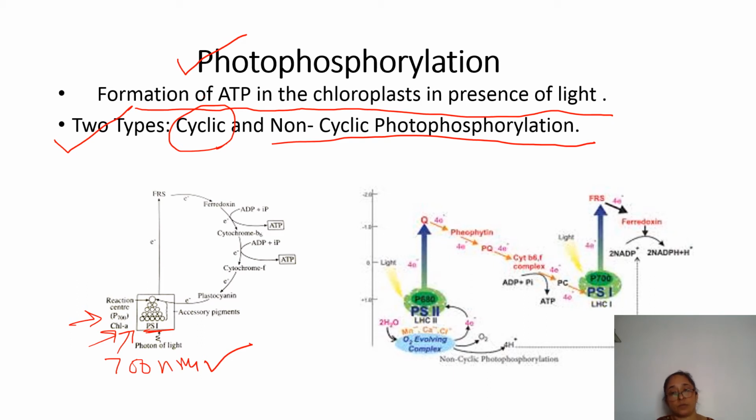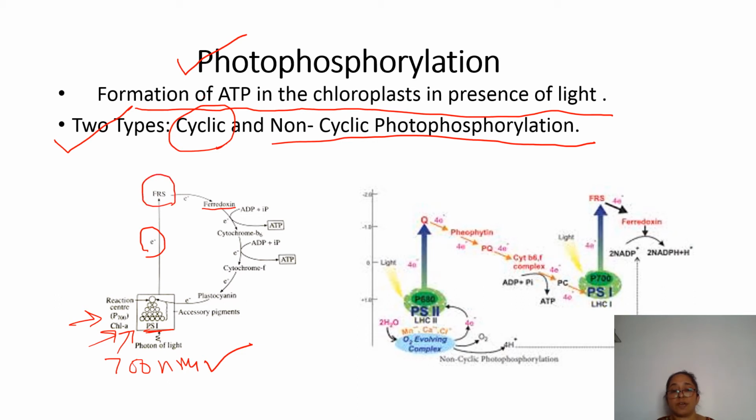Now here what happened? That will get excited and expel the energy rich electron. Here you can see. And that energy rich electron will reach the ferredoxin through FRS.